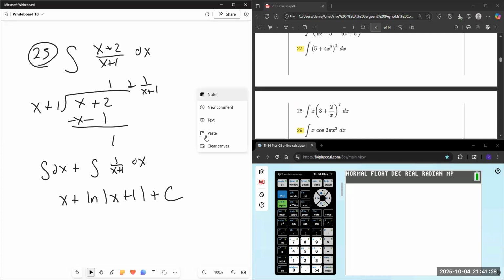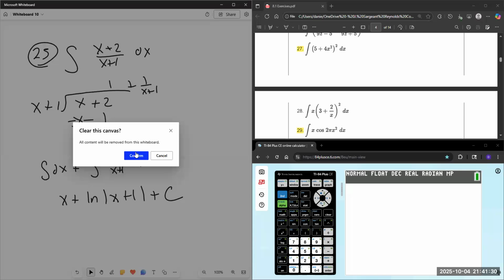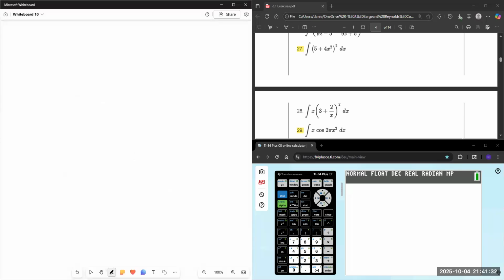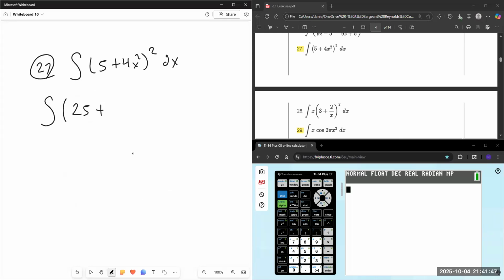So at 27. 27 is the integral of the quantity 5 plus 4x squared, quantity squared, dx. I have no basic rule for that the way that it's written, so I'm going to expand it into 25 plus 40x squared plus 16x to the 4th dx.